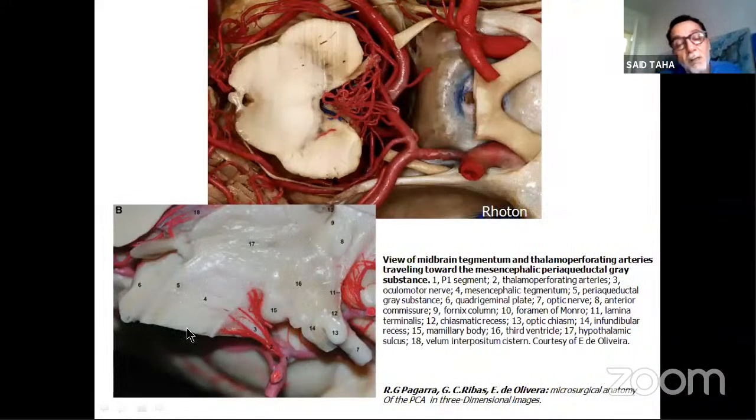Here the midbrain tegmentum, mesencephalic tegmental portion. Here the periaqueductal gray matter, and here the tectal plate. Here we have the pineal gland, and here the velum interpositum.